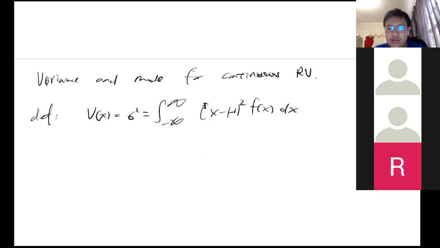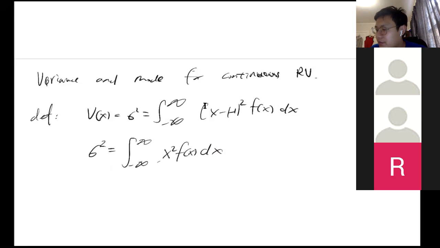But we don't use too much of the definition. Instead, we use a lot of the variation, which we also proved in class, that sigma squared is equal to the integral from negative infinity to infinity of x squared f(x) dx minus mu squared.